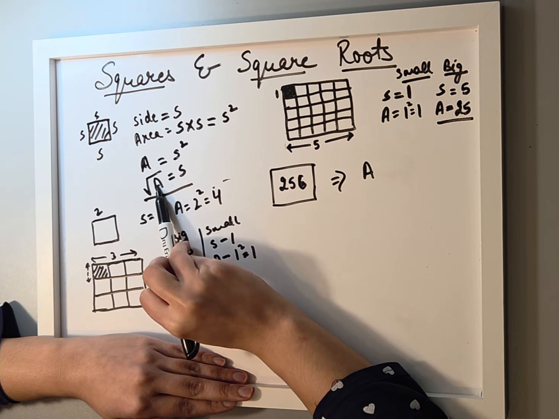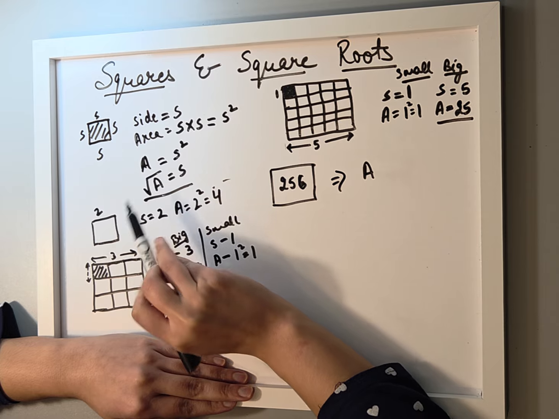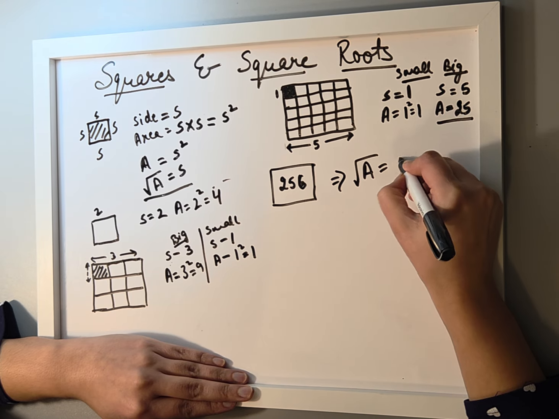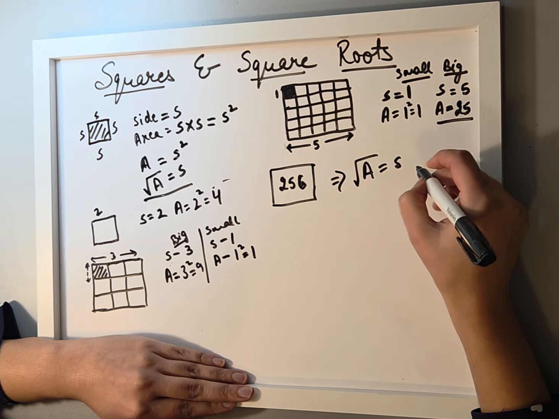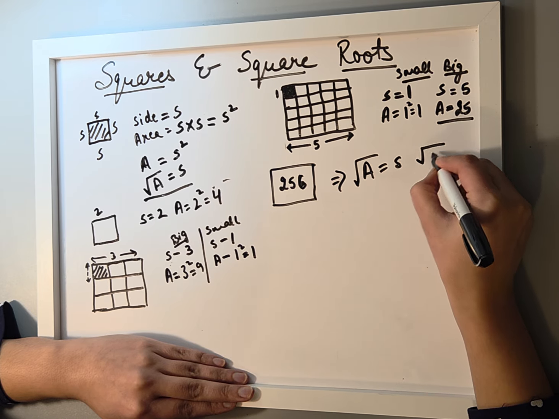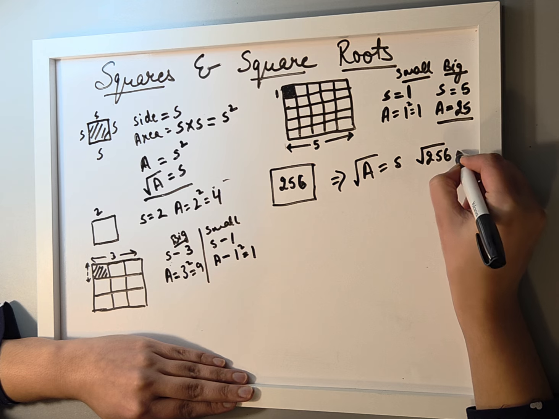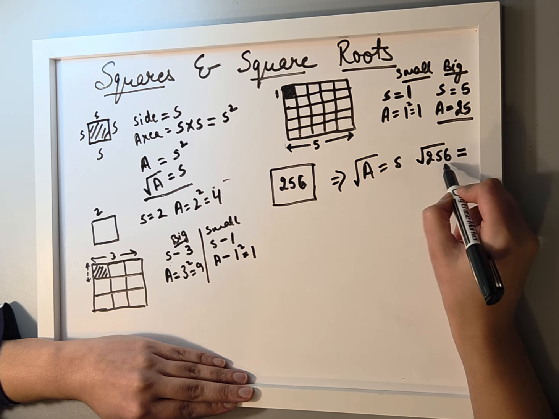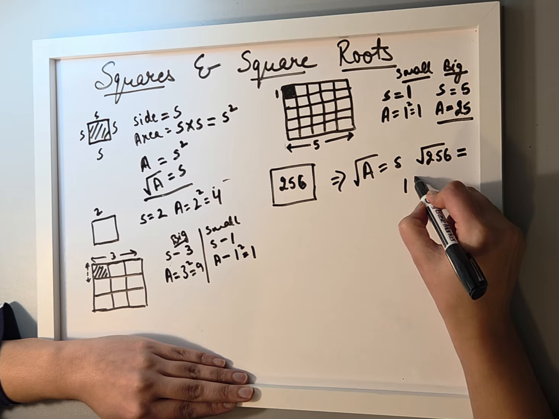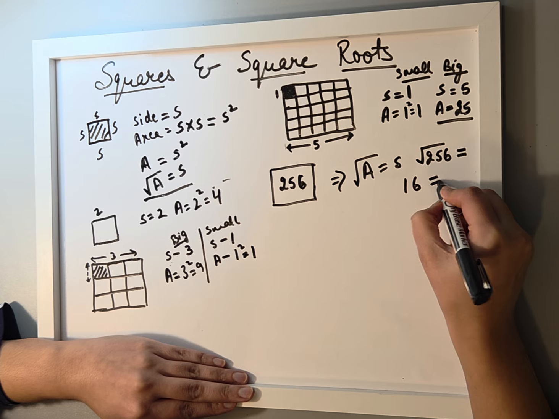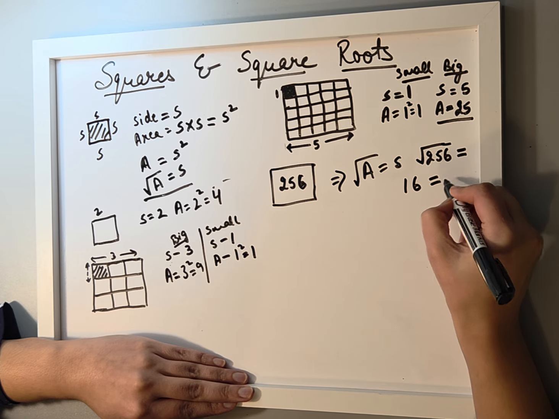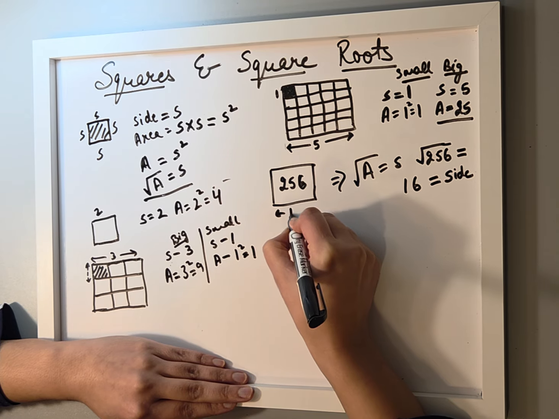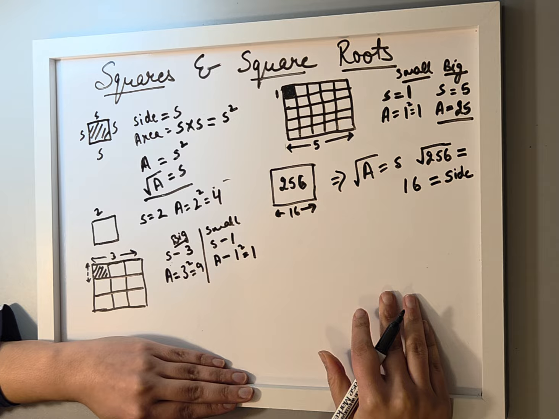So if area is given and we have to find the side, we take the square root. Square root of the area is the side, and in this case, the square root of 256. What is the square root of 256? It's 16. You can try to solve it. So that is the side of the square, and we can say the side is 16.